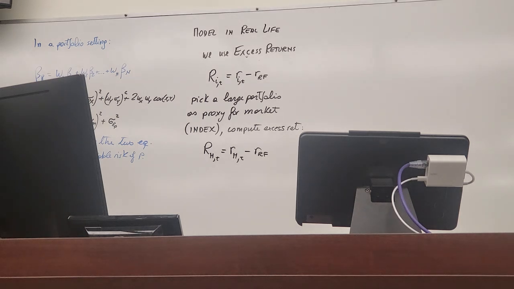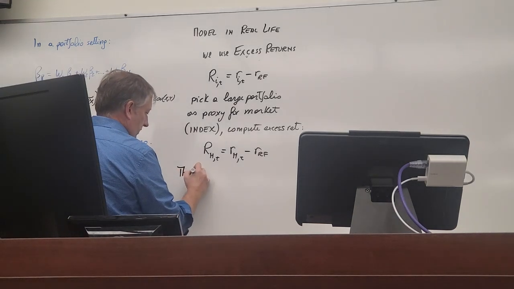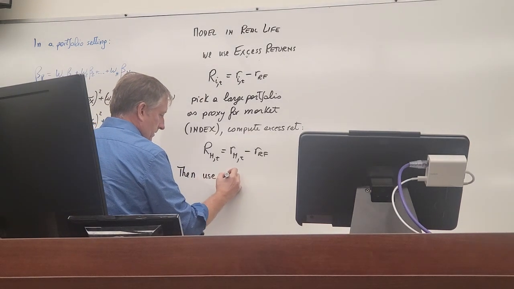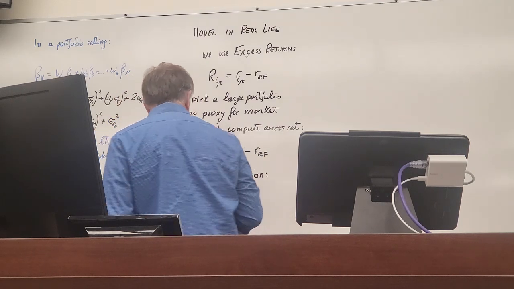Okay? So in trying to estimate the model, in trying to figure out what the beta is, we're going to use regression. And your model is going to look like this.